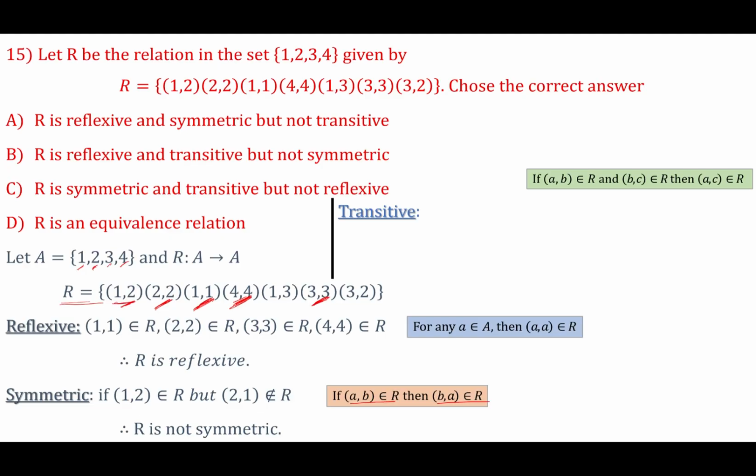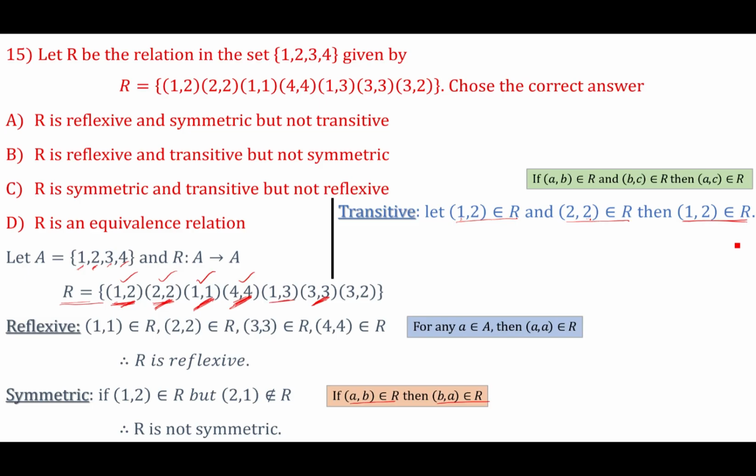So I will check this one. (1, 2) is there and (2, 2) is there, which means (1, 2) must belong to R. Yes, (1, 2) belongs to R. So this is transitive.